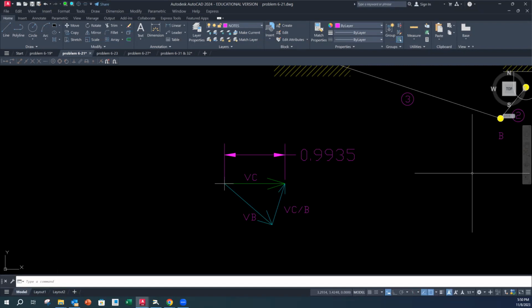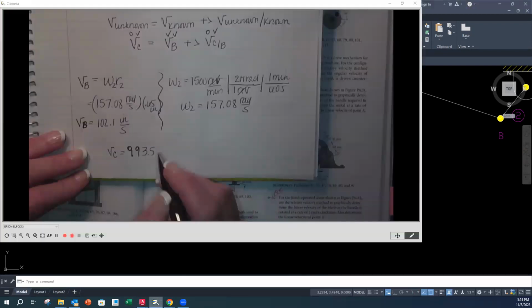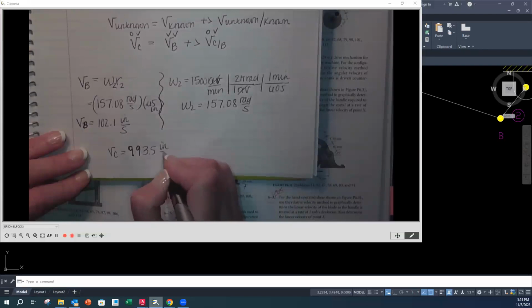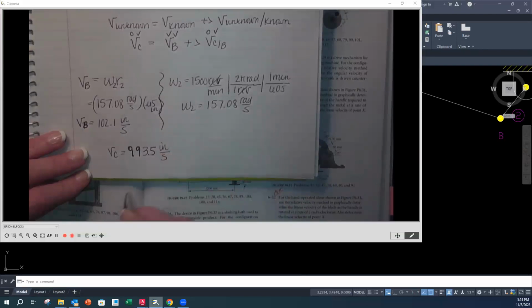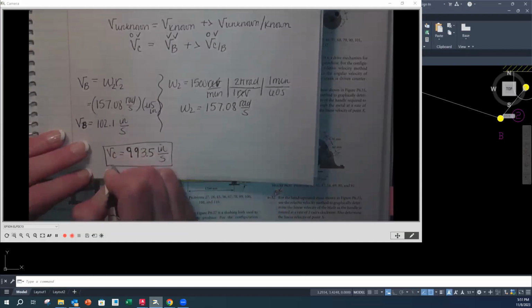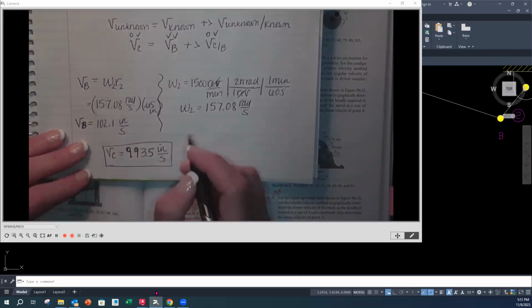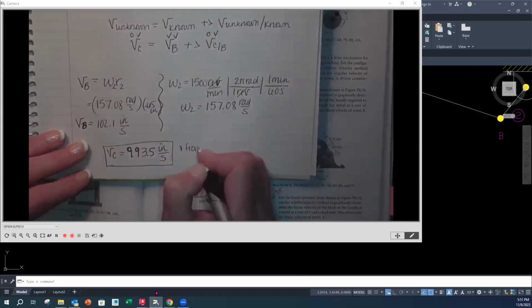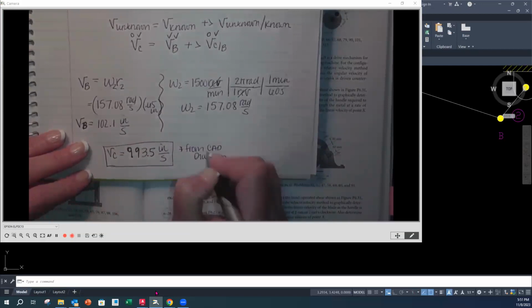It's going to be 99.35, and our units are in inches per second. And then this would be your final answer. And then you can say, from CAD diagram or something like that, because that's where it's from.